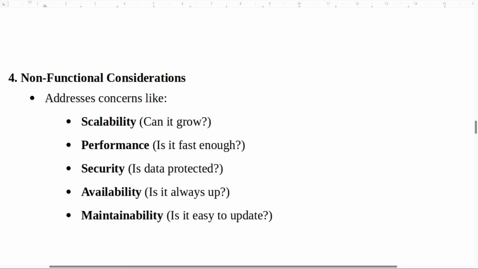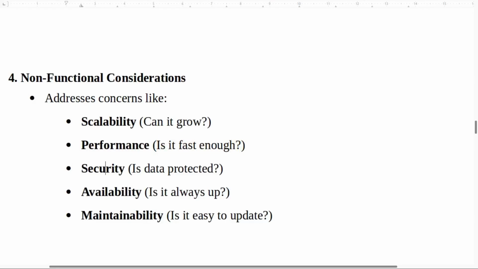Now, apart from these considerations, the architect has to ensure that the non-functional requirements are also met. We have already discussed scalability, or does the system have the ability to grow? Performance, or is it fast enough to meet requirements?